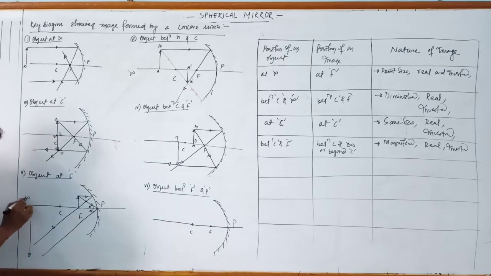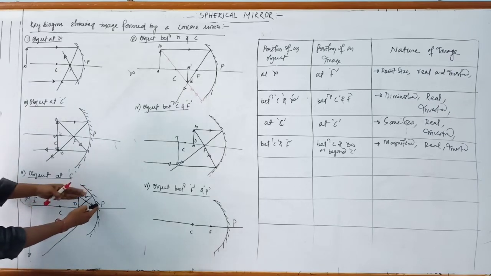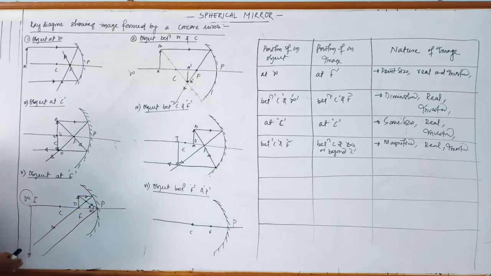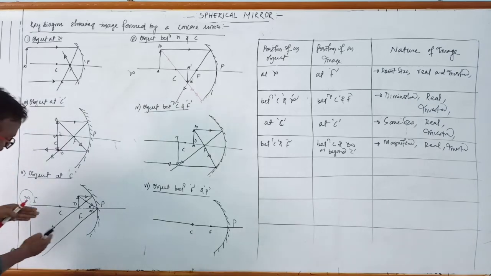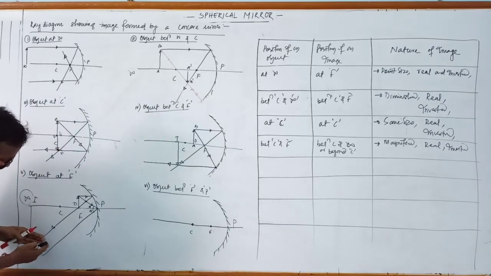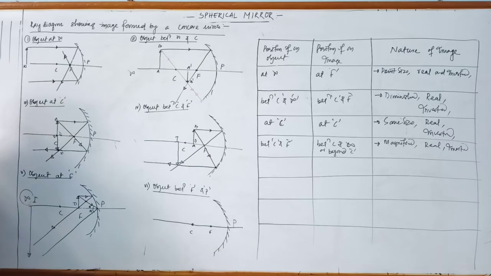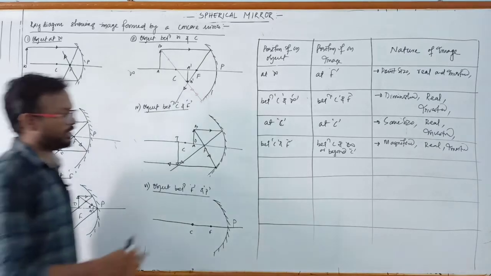Clear? So we get an image at infinite distance, and which is a large image as compared to the object, because this is object and this is image. These two rays are parallel, or we may think that these two rays actually meet at infinite distance. So the image is formed at infinity when the object is at the focus point.